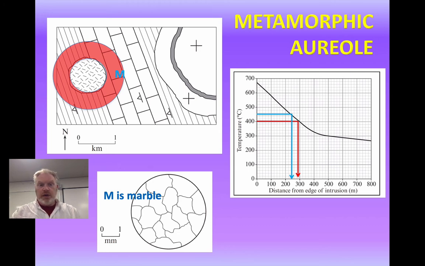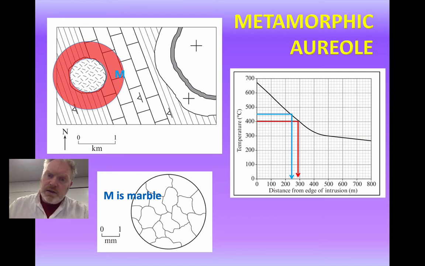So the aureole would look like the red shaded area on the map. We measure out 300 meters away from the edge of that Pluton, and we draw around that. It probably isn't going to be a perfect circle like I've drawn, and it doesn't matter if yours isn't either.